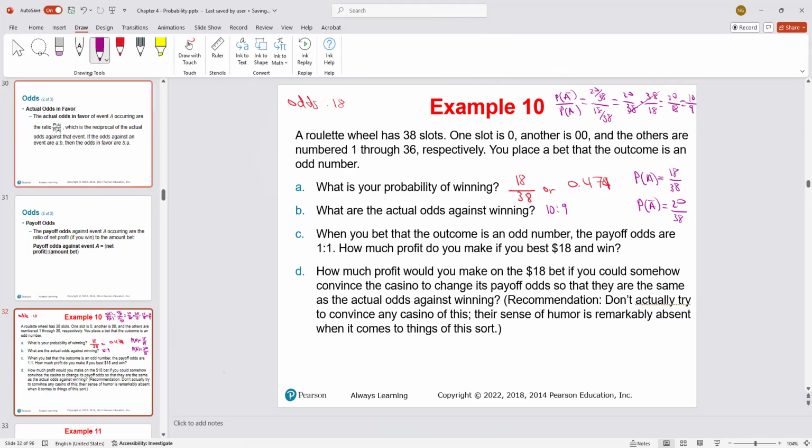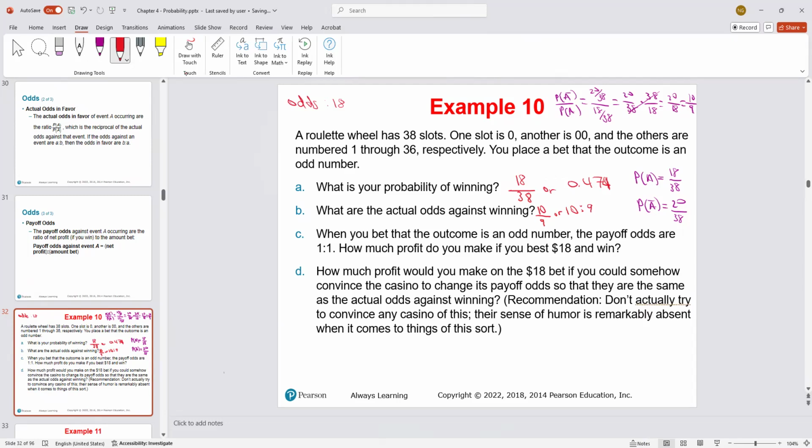So we can write our odds against winning as 10 over 9, or you can write it in terms of a ratio like this, 10 to 9. Okay, so when you bet that the outcome is an odd number, the payoff odds are 1 to 1, right?